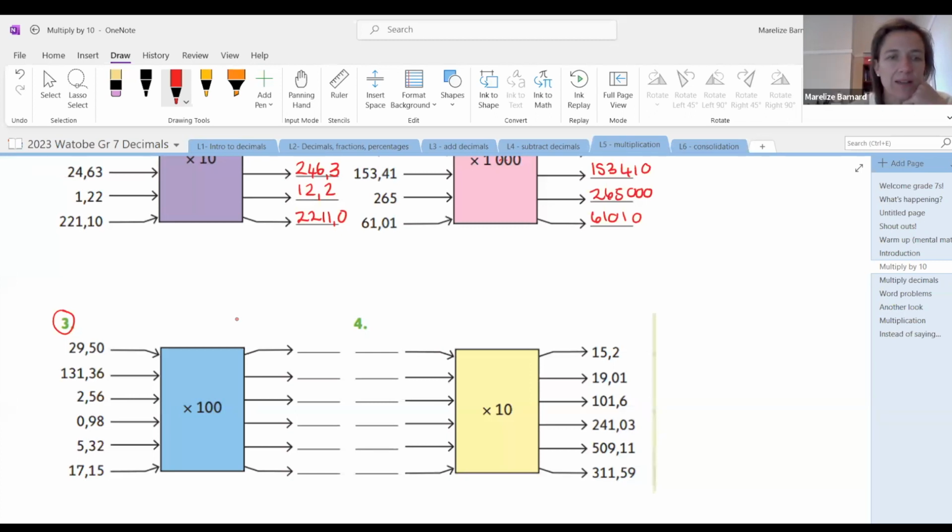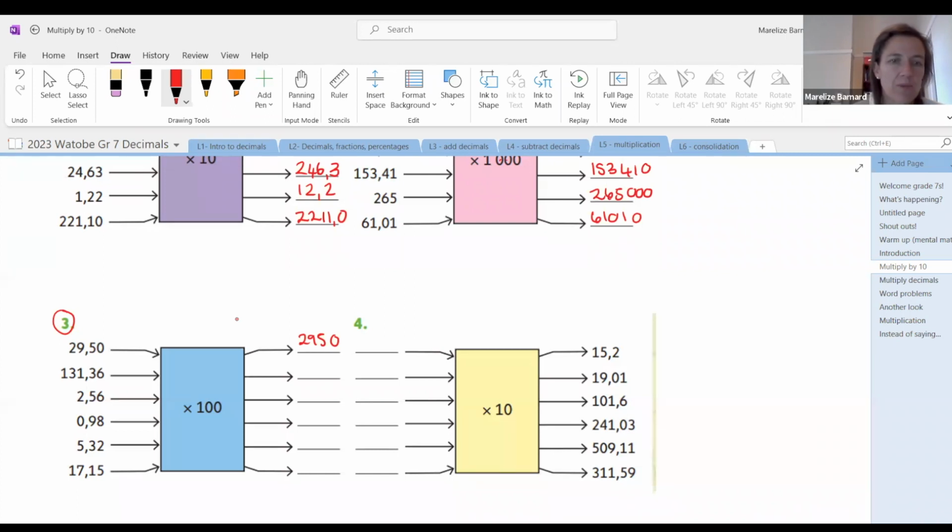Since we're timesing by 100, we're going to move the comma 2 spaces to the right. So 2950. It's 2 spaces, guys. I see some 295s, but it's 2 spaces. We're making the number 100 times bigger.